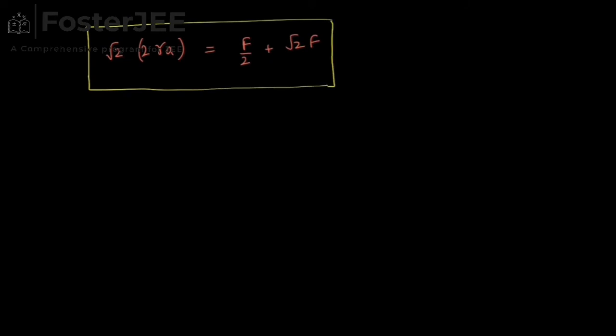Solving this, we can write 2 root 2 gamma A is equal to F common, 1 upon 2 plus root 2.